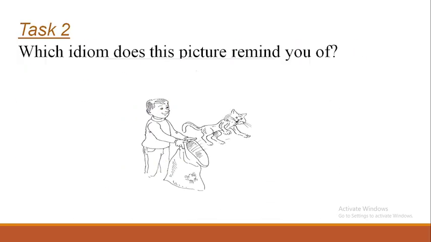Task 2. Which idiom does this picture remind you of? Can you guess? The man has a sock, then the cat comes out of the sock. Can you guess the meaning of the idiom relating to the image?